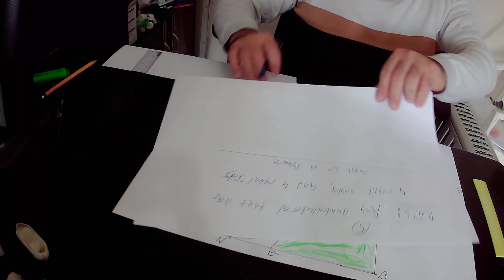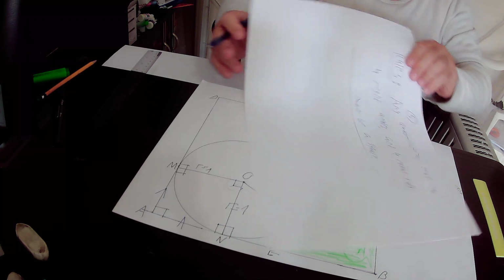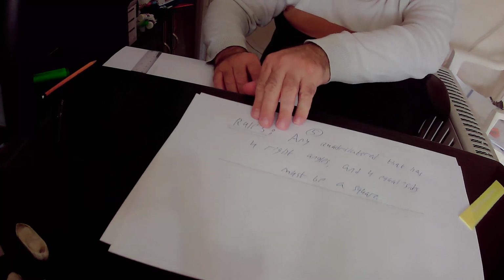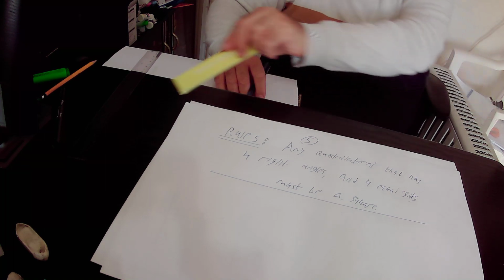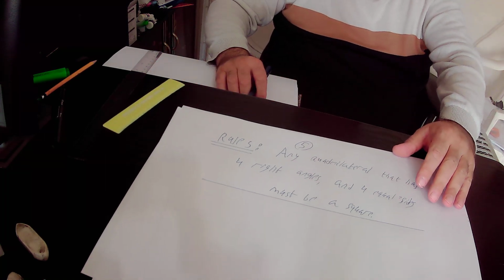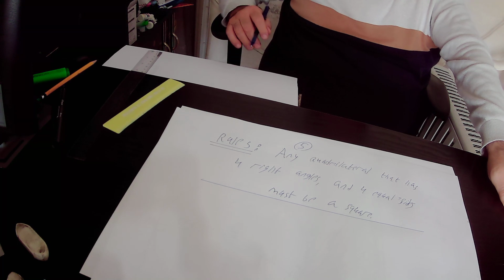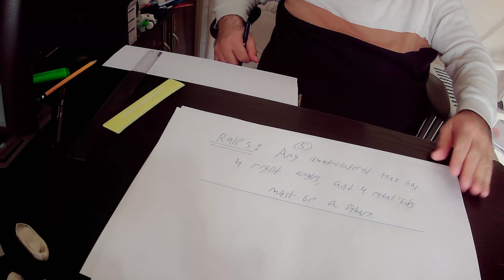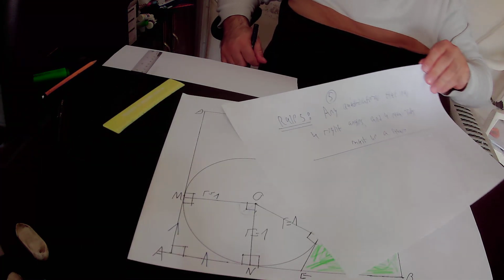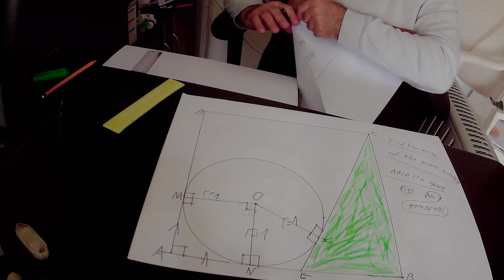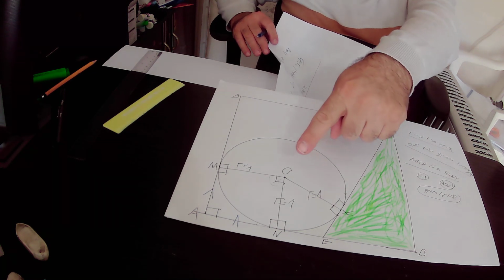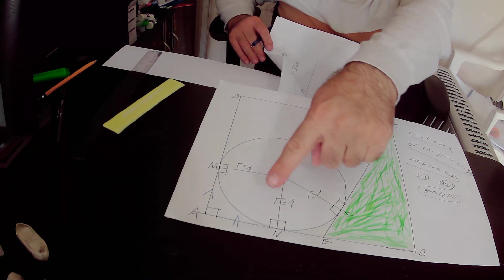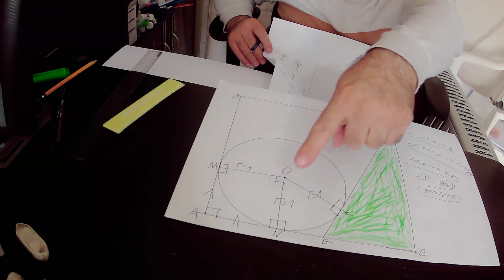I will read rule number 5 again. According to rule number 5, any quadrilateral that has four right angles and four equal sides must be a square. And here, quadrilateral MOAN has four right angles and also four equal sides.